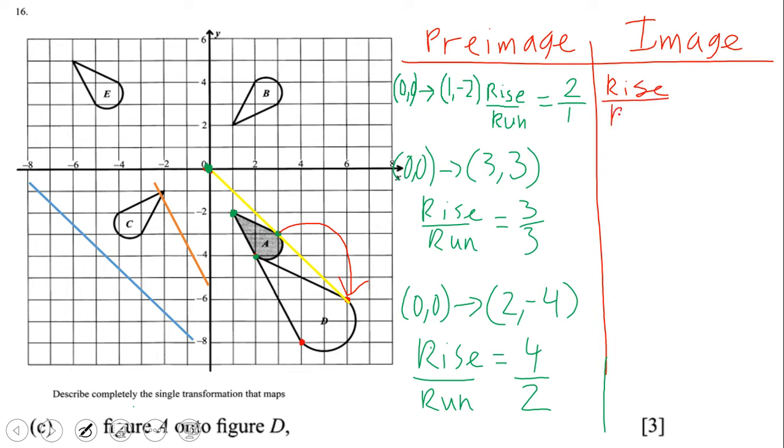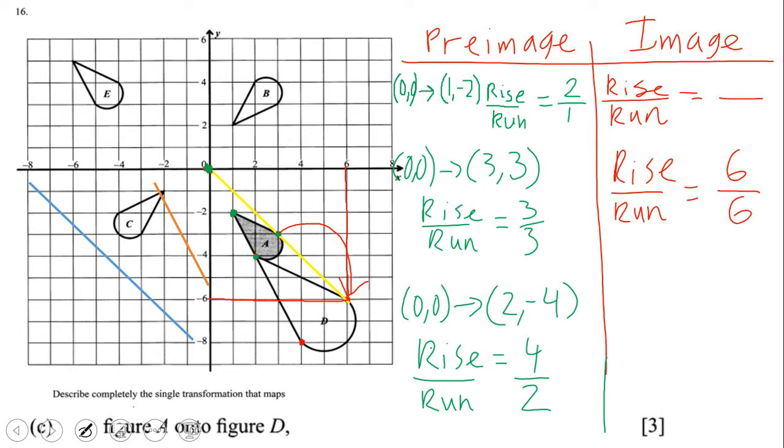For this point, for this very one, it's going to be 6 and -6, isn't it? Because here we have 6 and here we have -6, and so rise over run is going to be 6 and 6.